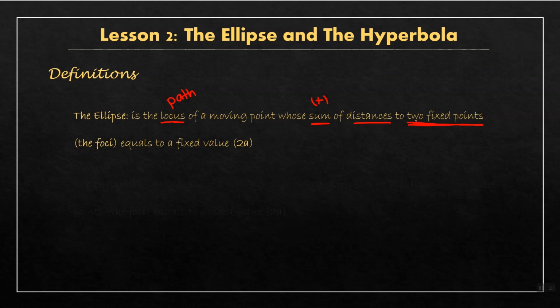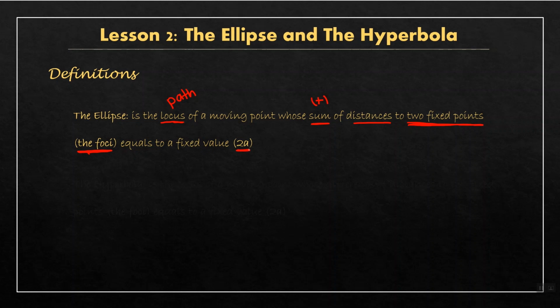Now we have two fixed points, and they're called the foci, or sometimes the foci, depending on the accent, the British or the American accent. So the sum of the distances to two fixed points equals a fixed value that is called 2a.